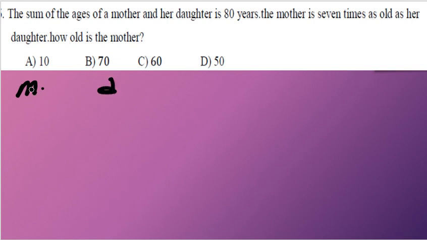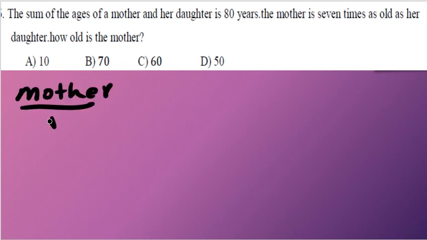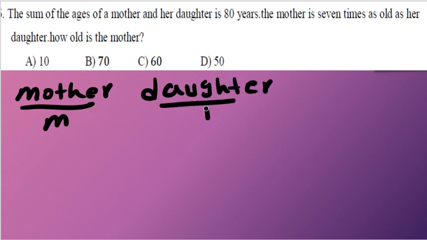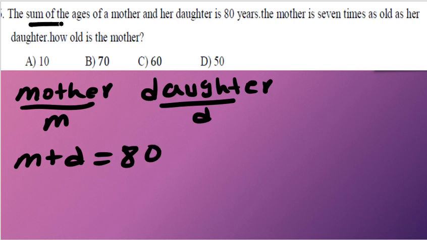Let's say the mother's age is M, and the daughter's age is D. Now M plus D is given to you as 80, because it says the sum of the ages of the mother and her daughter is 80.